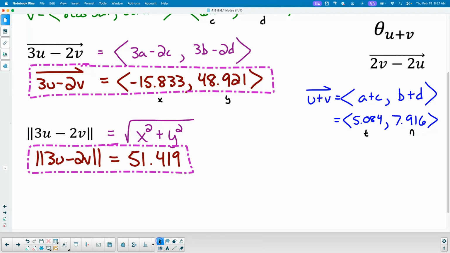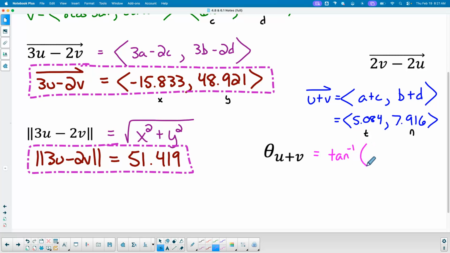Now, to find the direction angle, which quadrant am I in? I'm in quadrant 1, so my reference angle is my actual direction angle, so I can go right to it. Okay? So this then would be the inverse tangent of n divided by t.